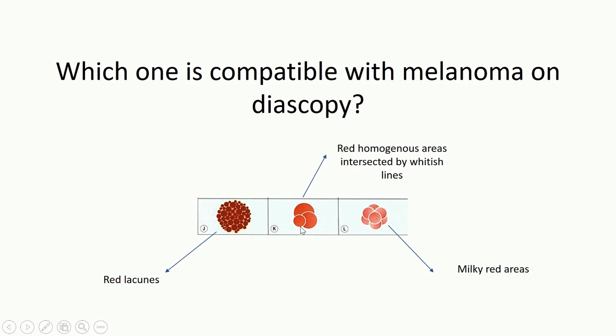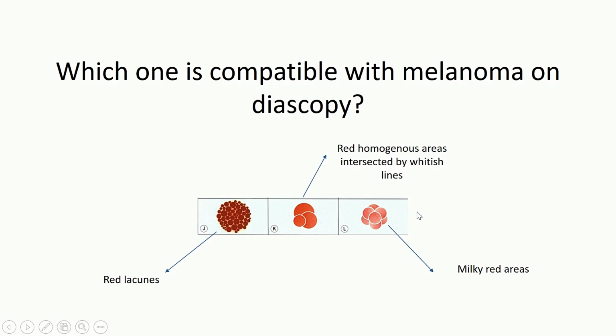Here we see red homogeneous areas intersected by white lines that is indicative of pyogenic granuloma, and here is milky red areas that is indicative of melanomas. So this figure is indicative of melanoma.